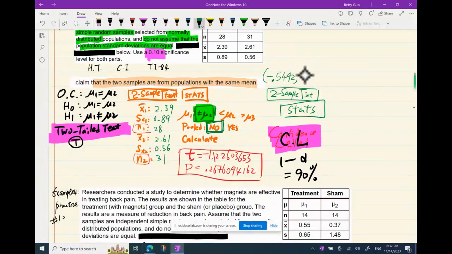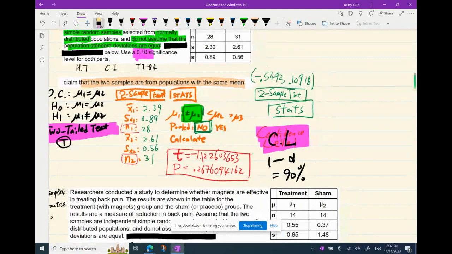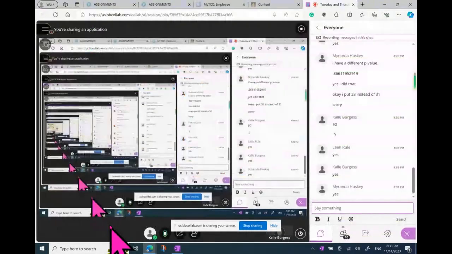The right end point is 0.10918. You should have the same confidence interval, guys. Let me know, do you have the same? Awesome.